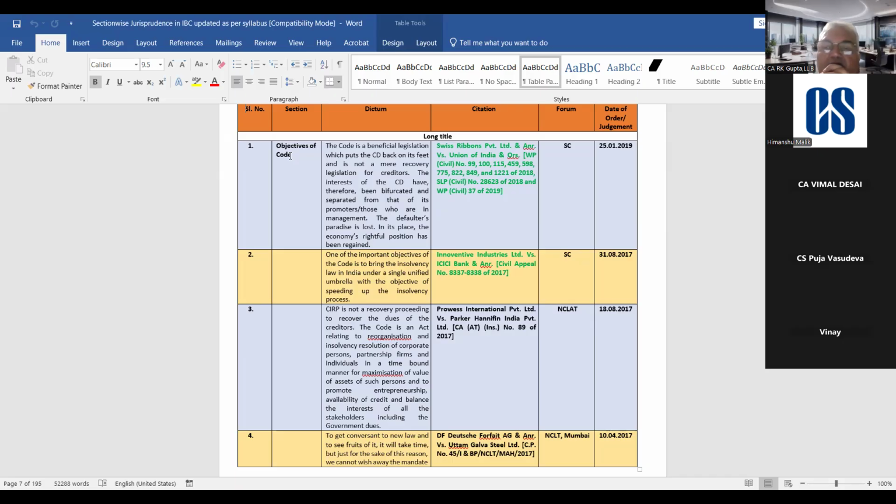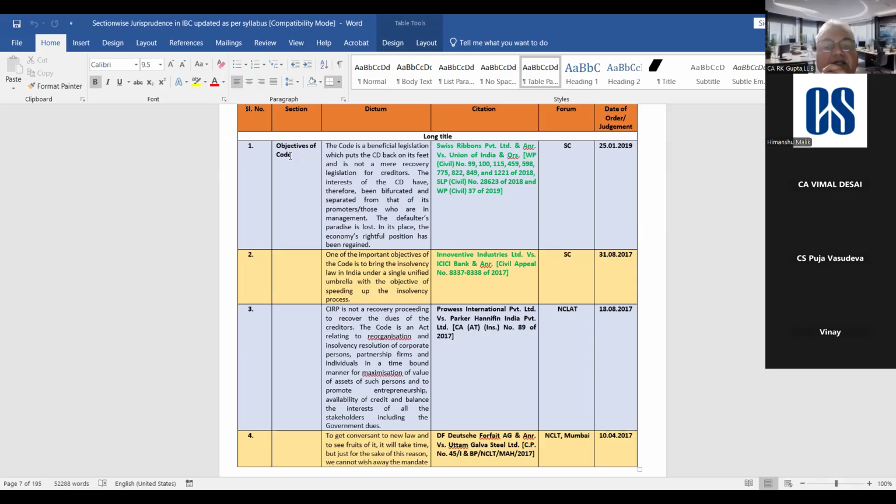So they say that if resolution is done, then it is better for everyone. The code is a beneficial legislation which puts the CD back on its feet and is not a mere recovery legislation for creditors. That is the reason why operational creditors are not allowed to file a petition for insolvency in case there is a dispute. Why? Because it is not a recovery mechanism.